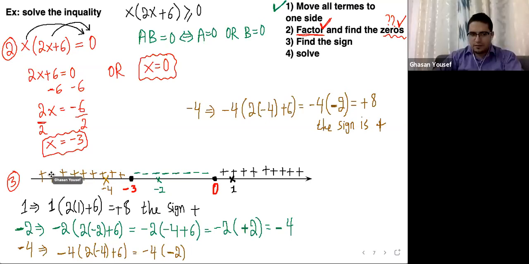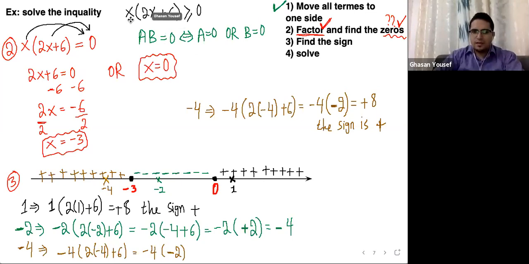We have positive, positive, positive until the number -3. Then we have negative until the number 0. Then the sign changes to positive. How do we find the positive and negative? After we pick any number greater than 0 and plug it into the equation, when you hide the 0 here, you get the positive sign or negative sign.